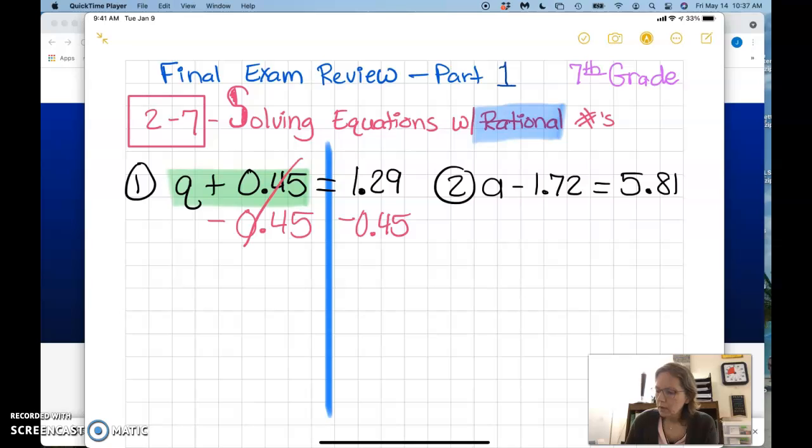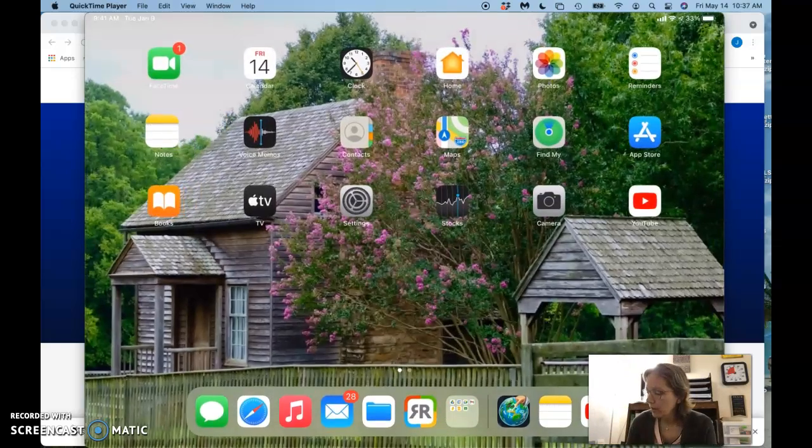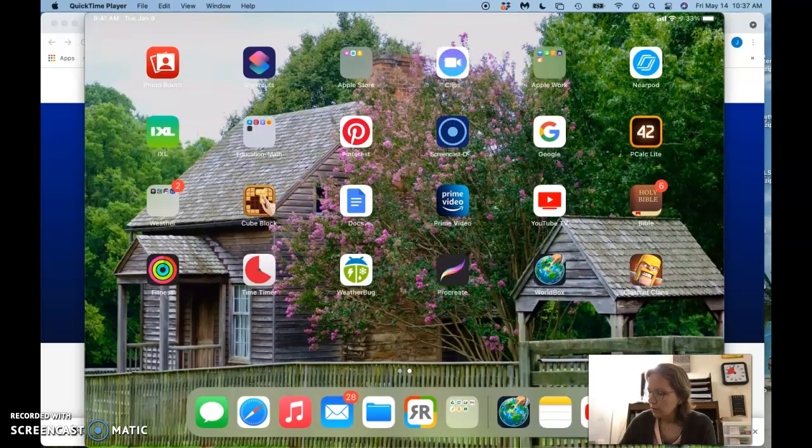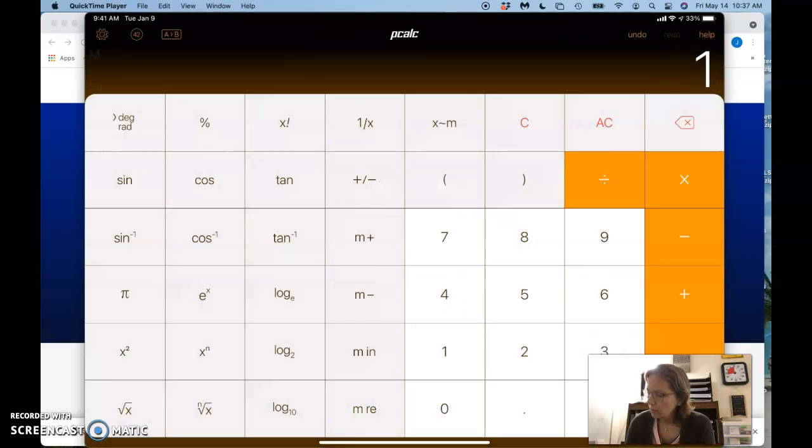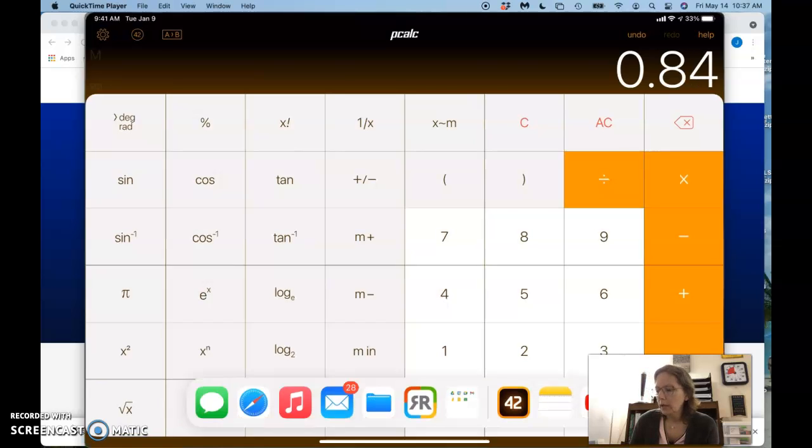So those two are going to cancel out, and I'm just left with my Q. Keep that equal sign right on your great divide. And I'm going to go to my calculator and find out what 1.29 minus 0.45 is. If I can find it. There it is. 1.29 minus 0.45 is 0.84.